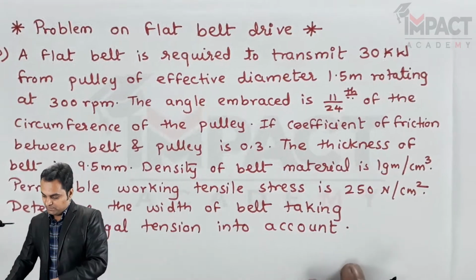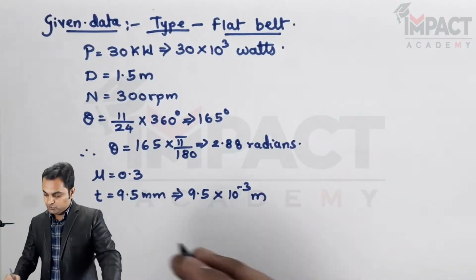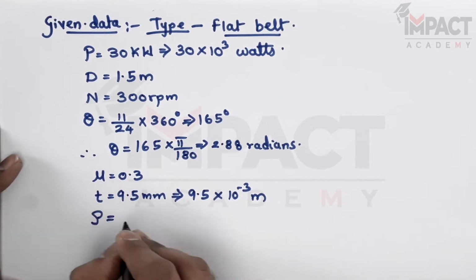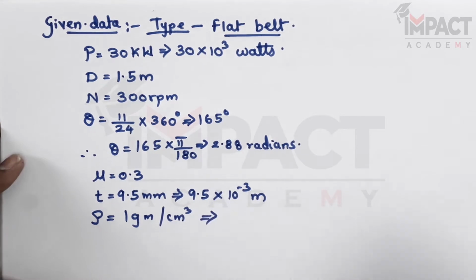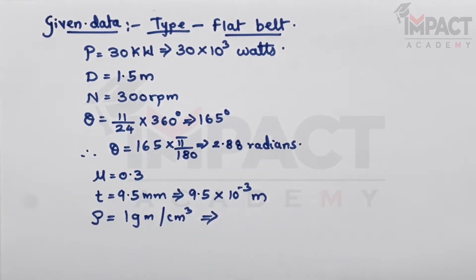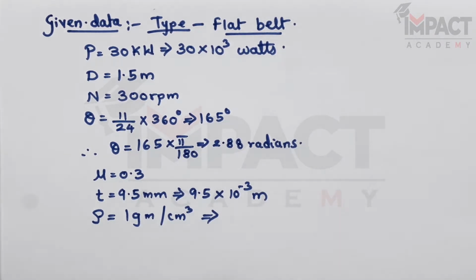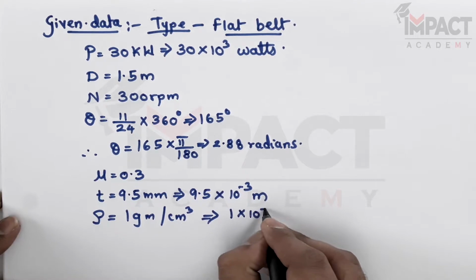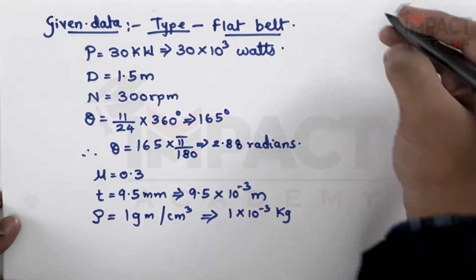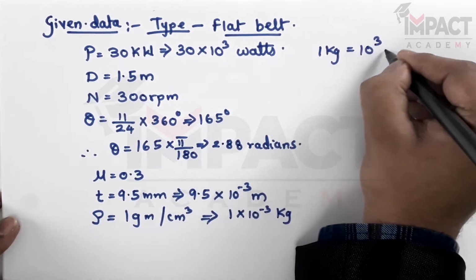Next, the density of the belt material is 1 gram per centimeter cube. So density is denoted as rho, that is 1 gram per centimeter cube. I want the unit of density in terms of kg per meter cube. So how to convert it, we can see from here. 1 gram is 10 raised to minus 3 kg, because 1 kg is 10 raised to 3 grams.